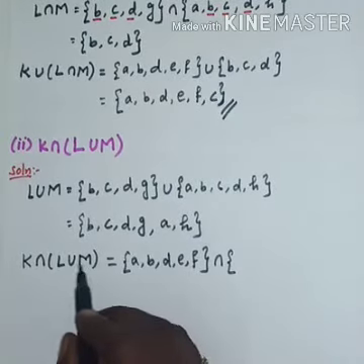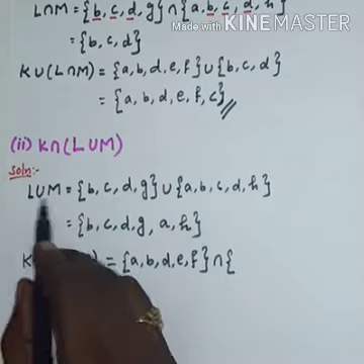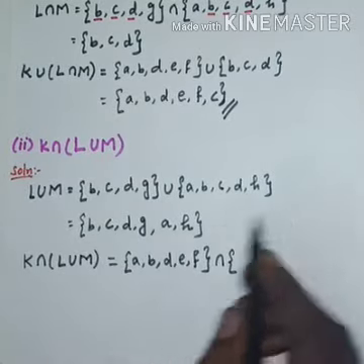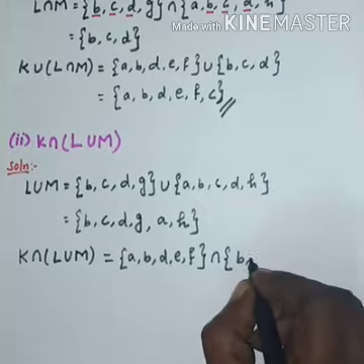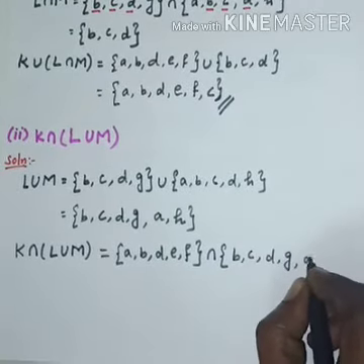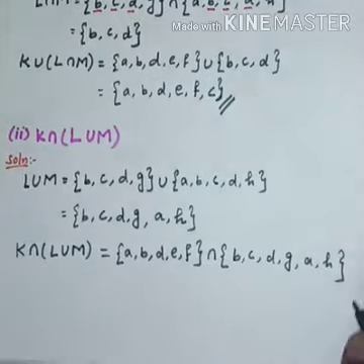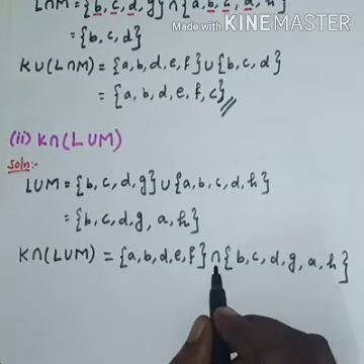Now L union M, we already found the value: B, C, D, G, A, H. So between the two sets we have the intersection symbol here.